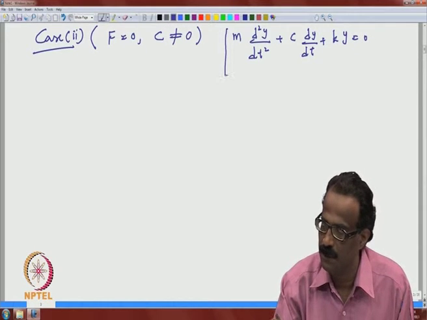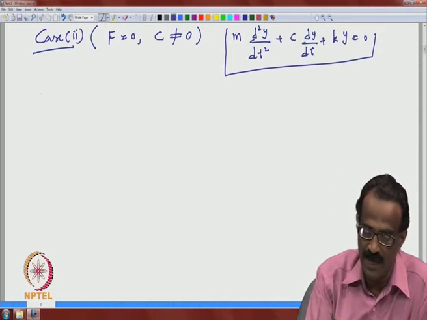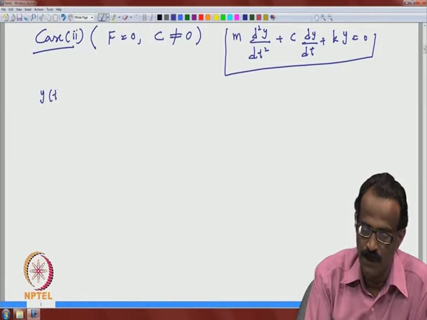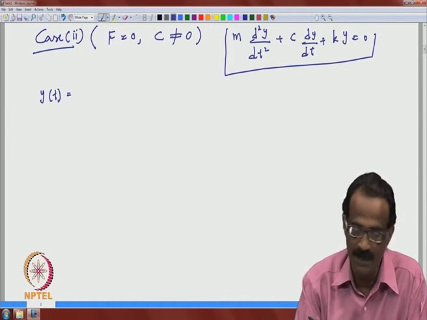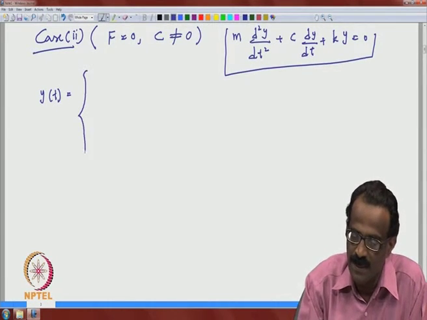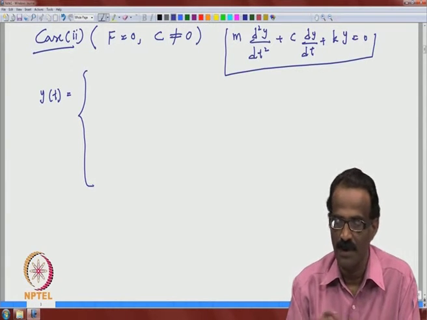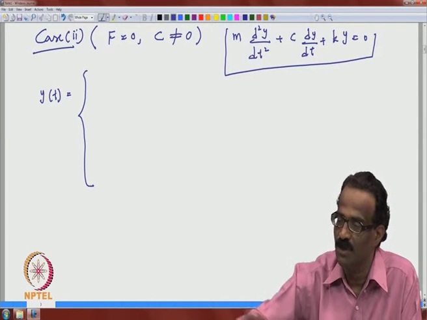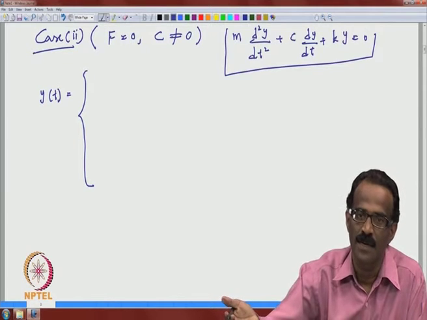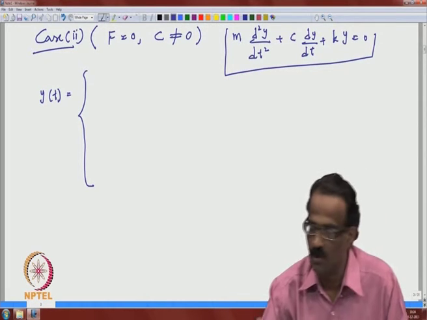So, this is your equation, and let me write down the solution in different cases; you will learn how to find the solution. It depends on what is called the auxiliary equation, and you look at the roots of this auxiliary equation.